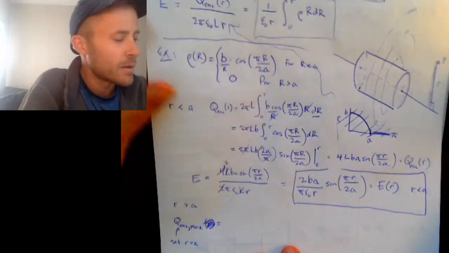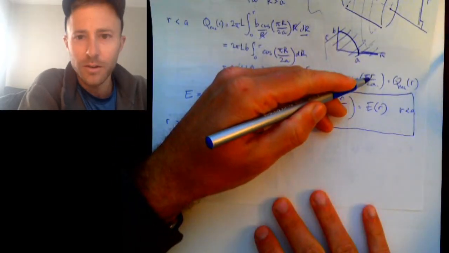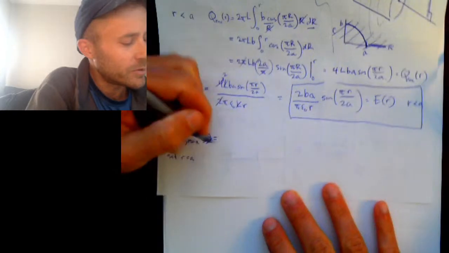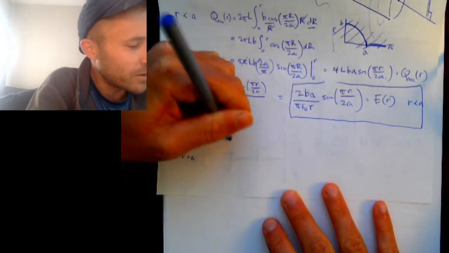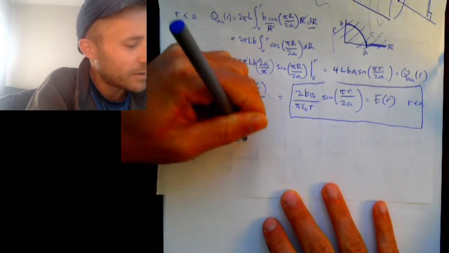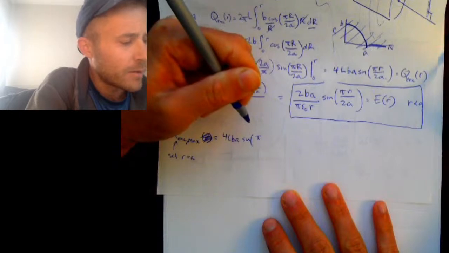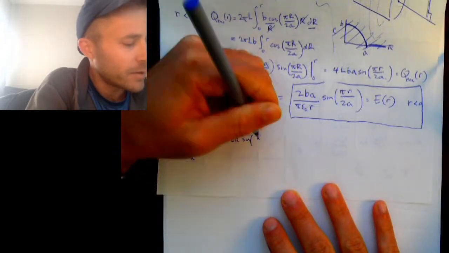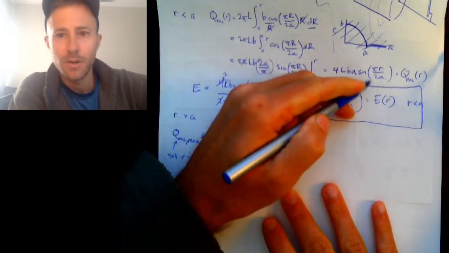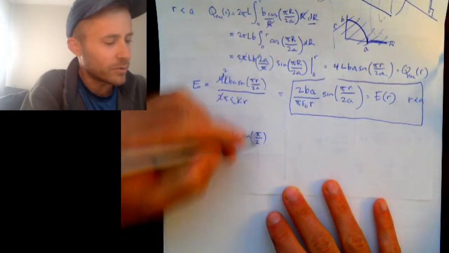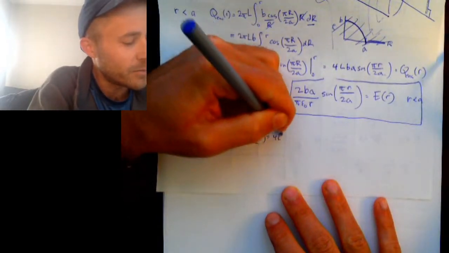So it drops to 0 after that. So I plug a in for little r, and I get 4lba sine of pi over 2, with a over a. So that is just equal to sine of pi over 2, which is 1, and I get 4lba.